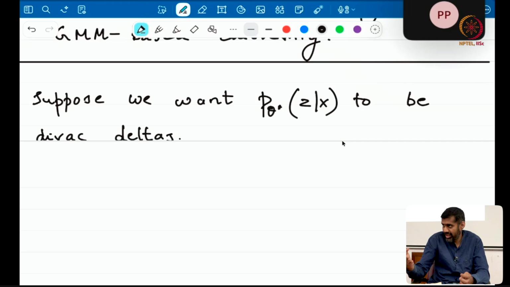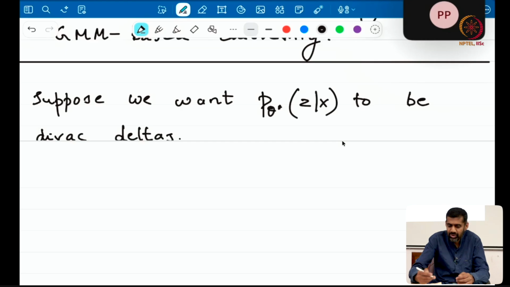So all these Gaussians have to have fixed support. In fact, it does not suffice to have fixed support, it should have infinitesimally small variance. Only then it will partition the data space into non-overlapping subspaces.